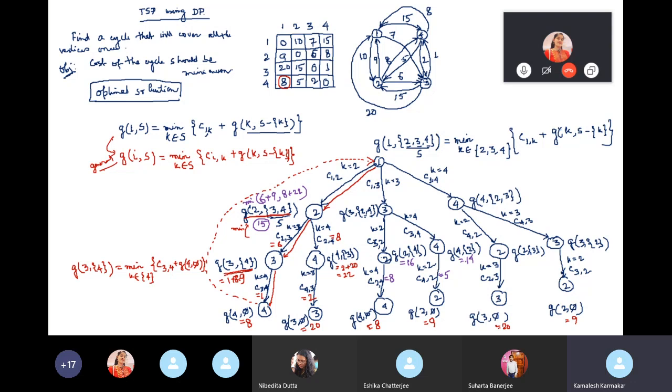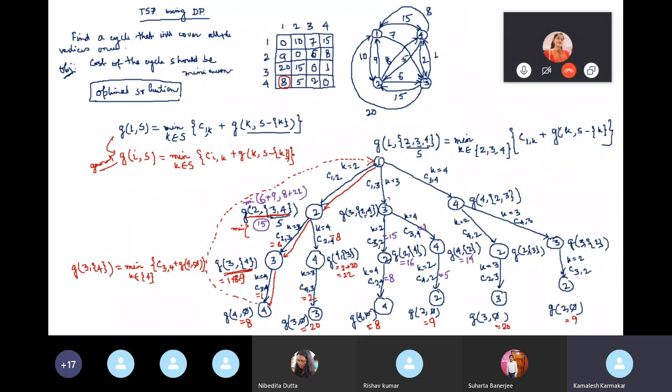Now what is the value of C32? This value is 15. And in this path, this value is C34, which equals 1. So this cost is 1.